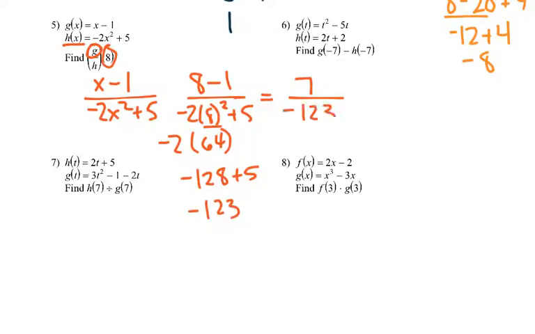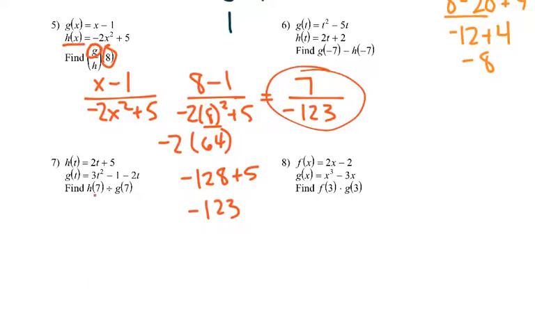So negative 123, 7 divided by negative 123. Now, can we reduce by 7s? Can 7 go into 123? Nope, it can't. So we have to leave our answer right there, negative 7 over 123.